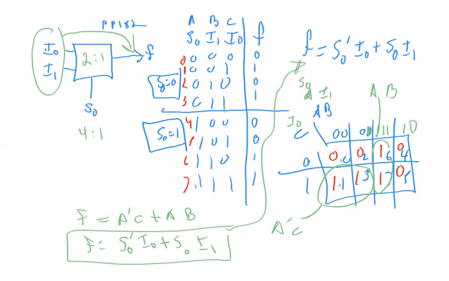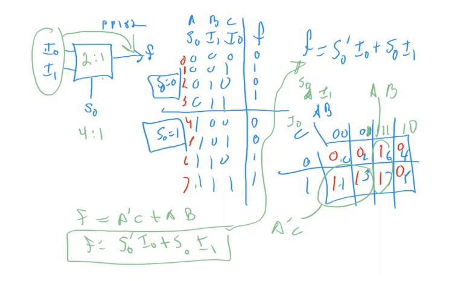But that's tough, right? Why? A 4-to-1 multiplexer. Not only do I have 4 inputs, but I have to have a selector.